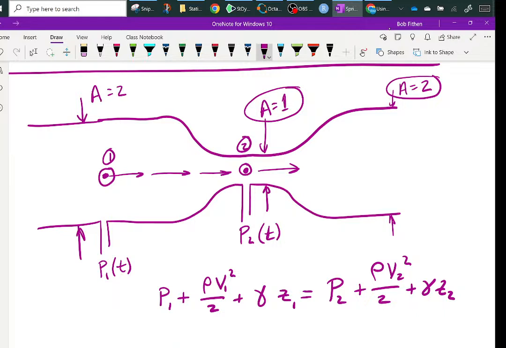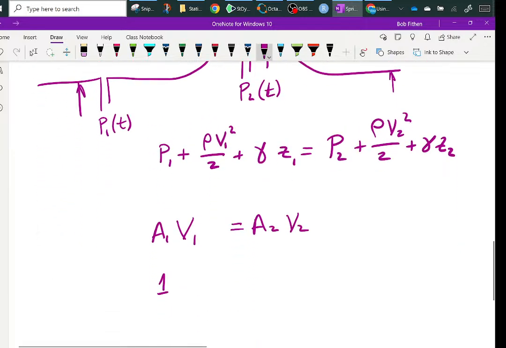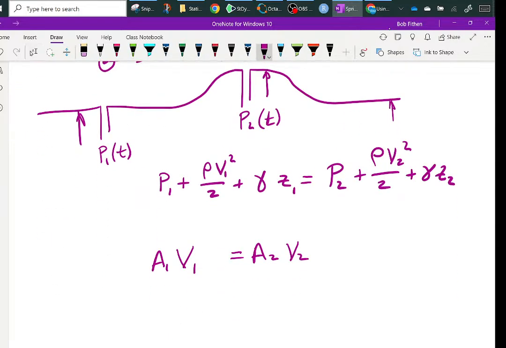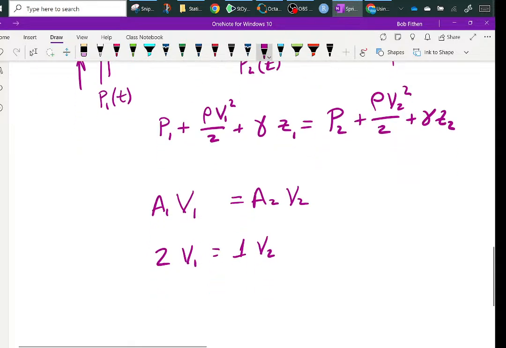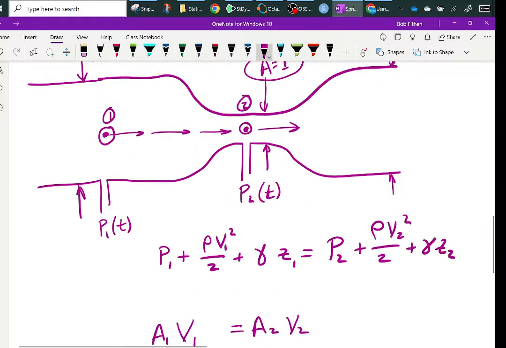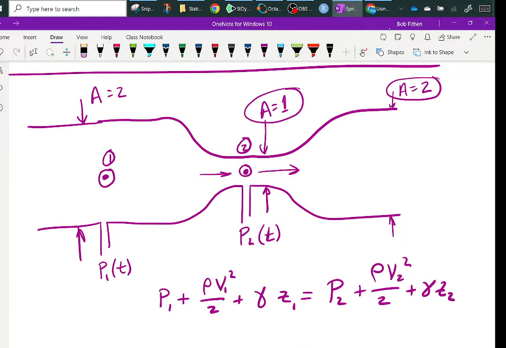So my pipe is a little bitty, and then it has to be the same because the connectors are the same. I have to pull them apart, put this connector in, and put them back together. So, in fact, this is 2. V1 is equal to 1 V2. So V2 is equal to twice what V1 is. So whatever this is, twice the length of it.